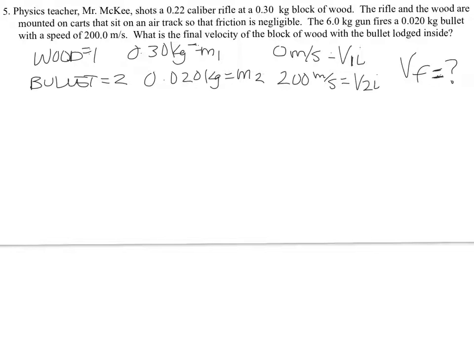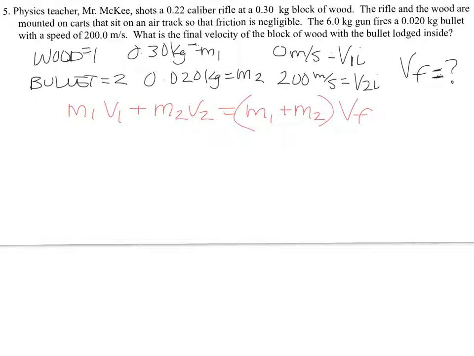So if this is a sticking collision, these two objects start off individually with their own specific momentum. Then after colliding, they're going to be considered one combined system, so we'll add their masses together because their velocity will be the same at the end.